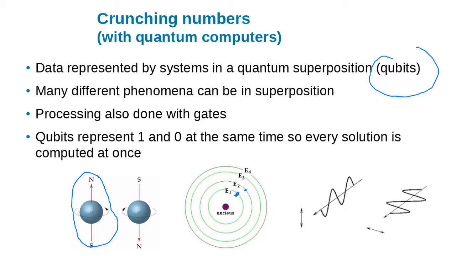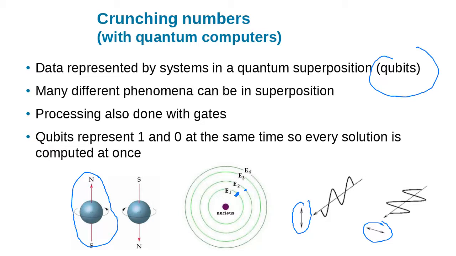There's also the polarization of a photon, so you can have a photon polarized vertically or horizontally, and it can also be polarized both ways at the same time. So in this way, if we represent our data with a qubit that's in a superposition of states, then a qubit can represent a 1 and a 0 at the same time.